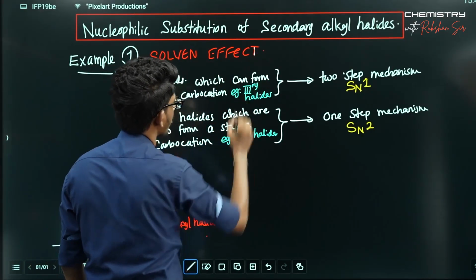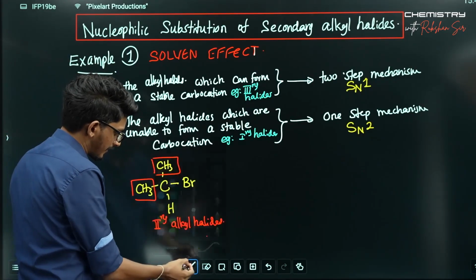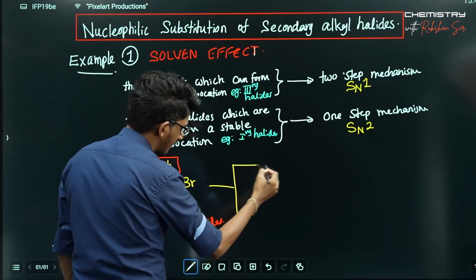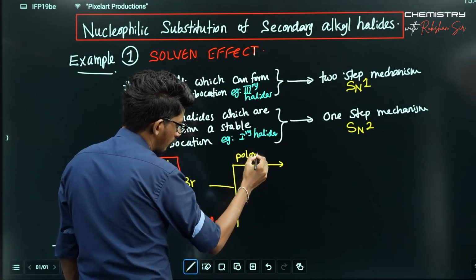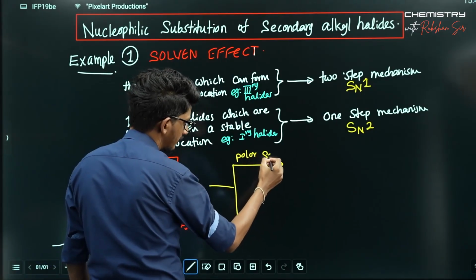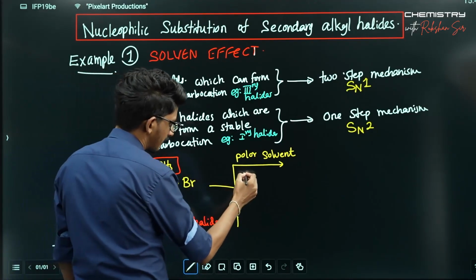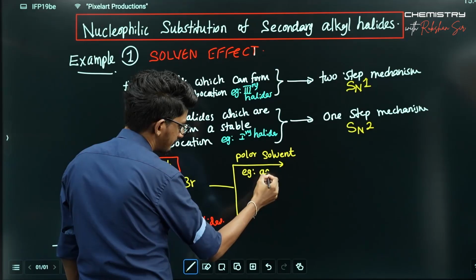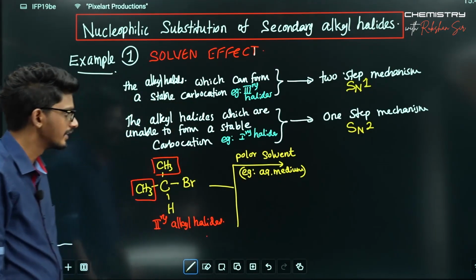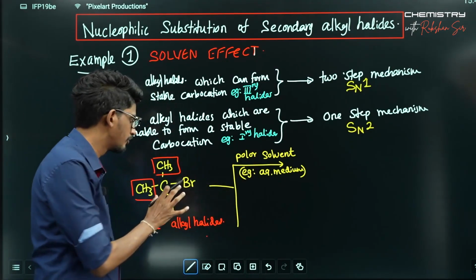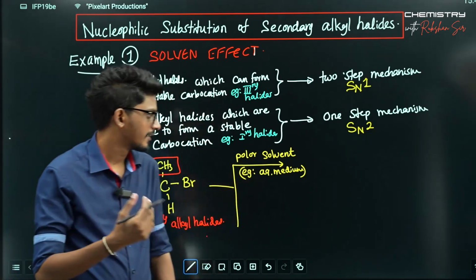Solvent effect. The idea is this. If you do the experiment in a polar solvent, like an aqueous medium, then the carbocation which forms can be stabilized by the charges appearing on the polar solvent.